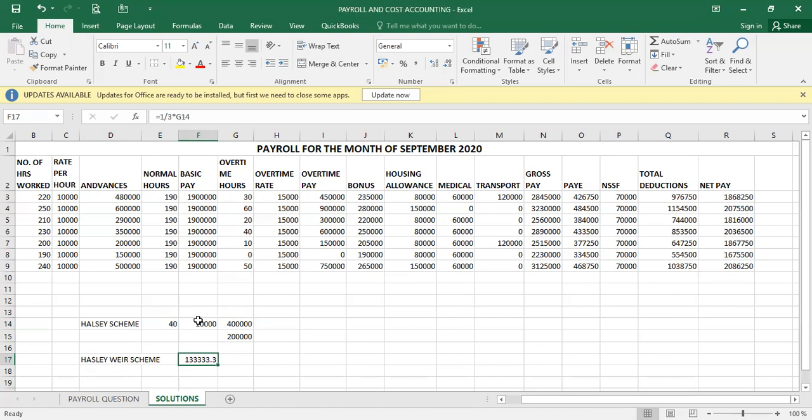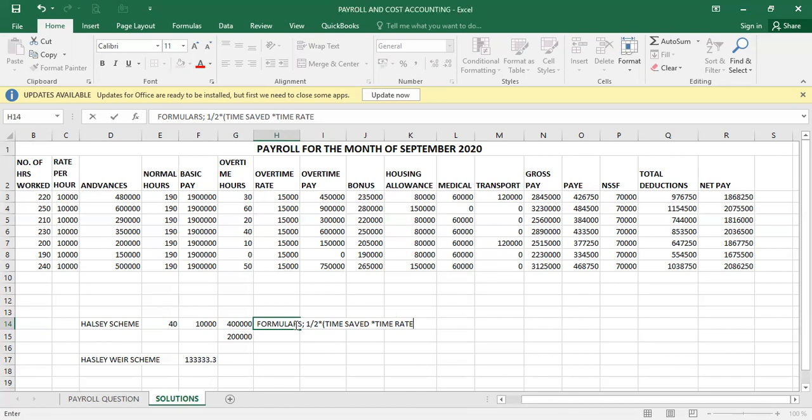What you get from these formulas, if you want the formulas, are given. The formula we have is 1/2 times, open bracket, the time saved times the time rate.